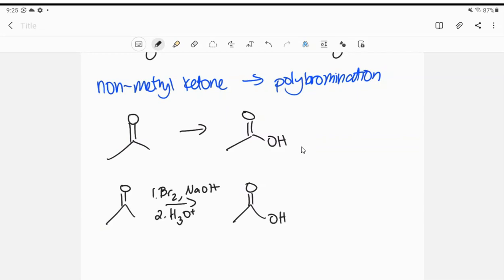So thionyl chloride on ketones doesn't really do much. So what do you think? How else might we get this to happen? One of these was a question on your last exam that a lot of you misinterpreted, kind of.